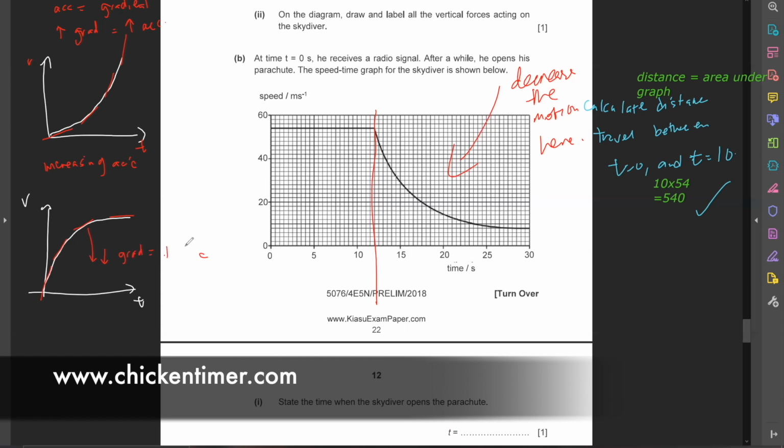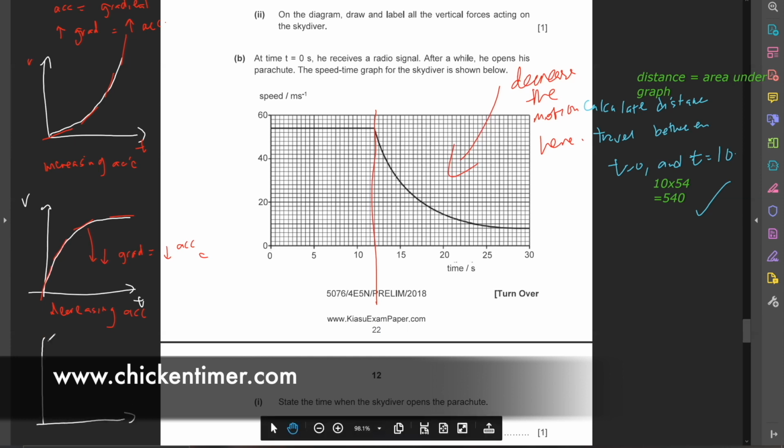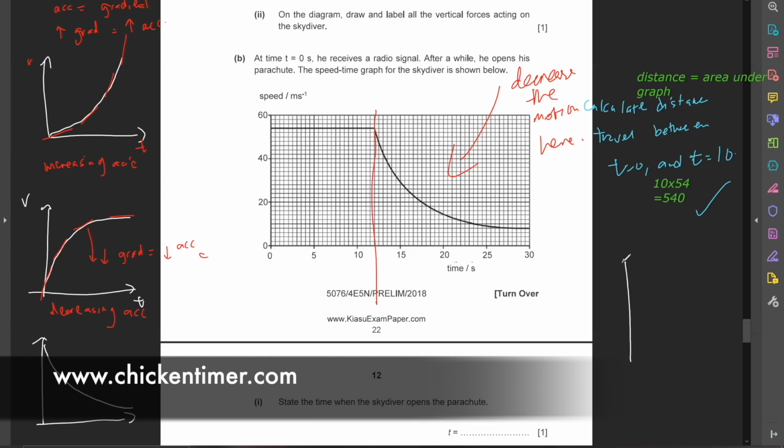So this is the decrease in gradient. That means decreased acceleration. So the graph that is decreasing acceleration will look like this. There is also something called decreasing deceleration. So you have another two graphs, one which is like this, and one I have no space for, so I have to draw on the other side. That means it's like this.